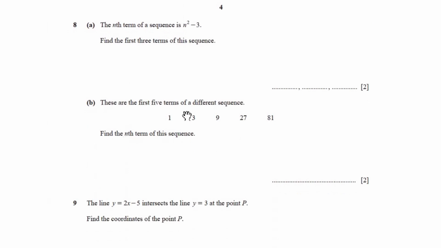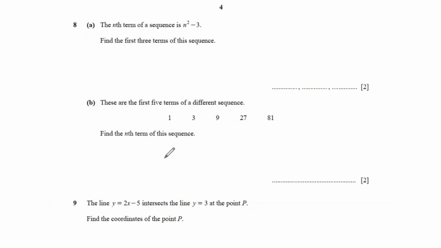Part B says these are the first 5 terms of a different sequence. Find the nth term of the sequence. So if we look at the sequence, you can see that these numbers are in the 3 times table. 3 times 1 is 3. 3 times 3 is 9. Then 3 times 9 is 27. And 3 times 27 is 81.